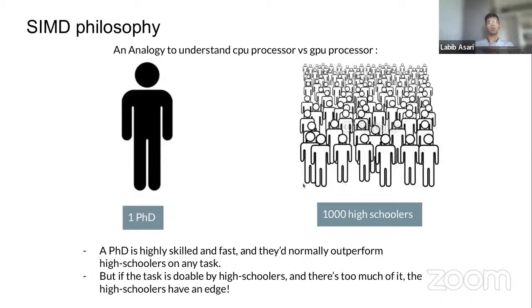But say now we have to do the addition operation 1,000 times. A PhD student can still add numbers 1,000 times, but not as fast as 1,000 high school students, because each high school student can add a single number. One high school student will add one number, and all 1,000 will do it simultaneously. Since the operation was not complex, even a high school student can do it, and they will outperform the PhD student in this case.